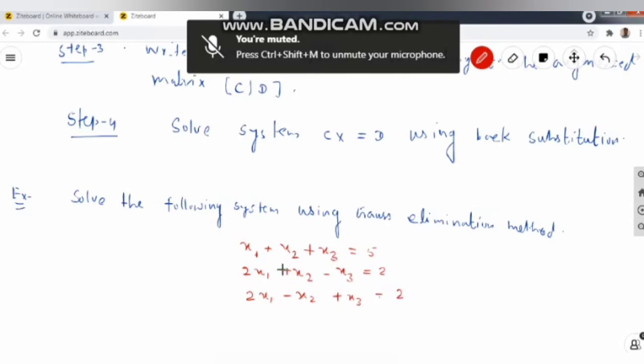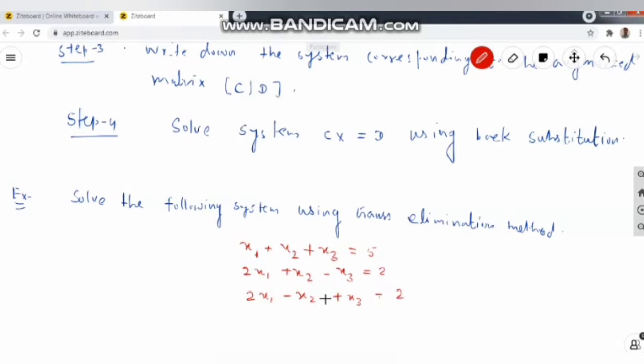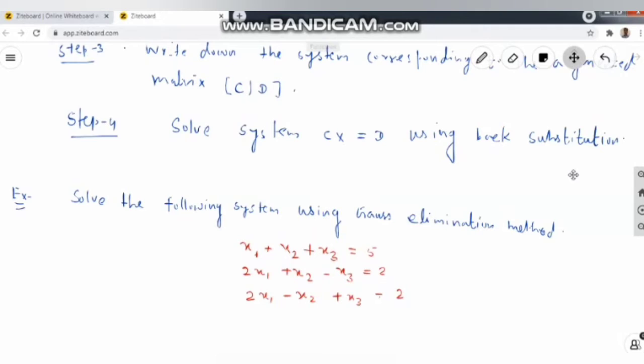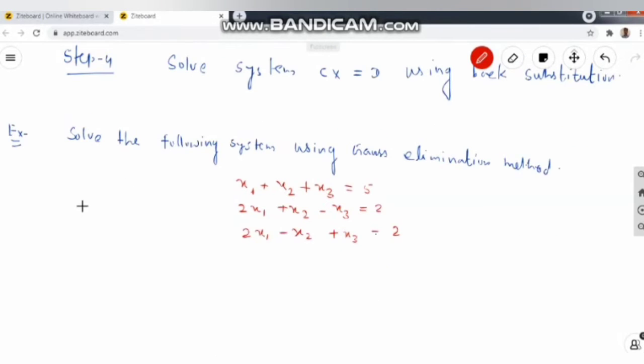So this is the system of linear equations given. Now let's see how we apply the Gauss elimination method.